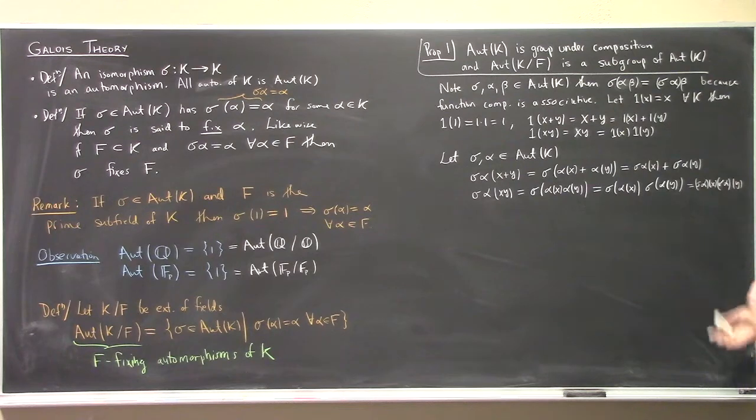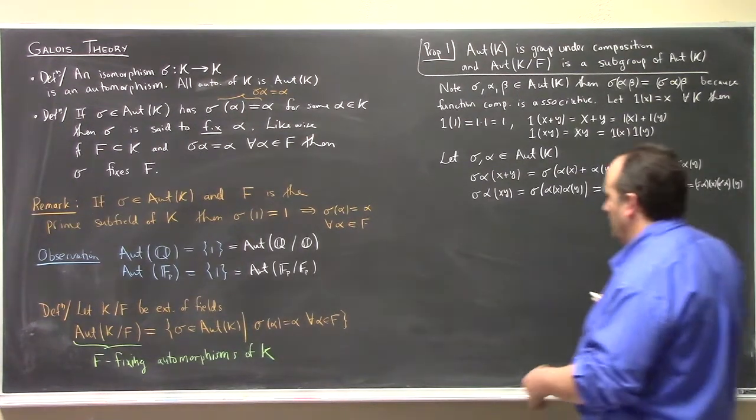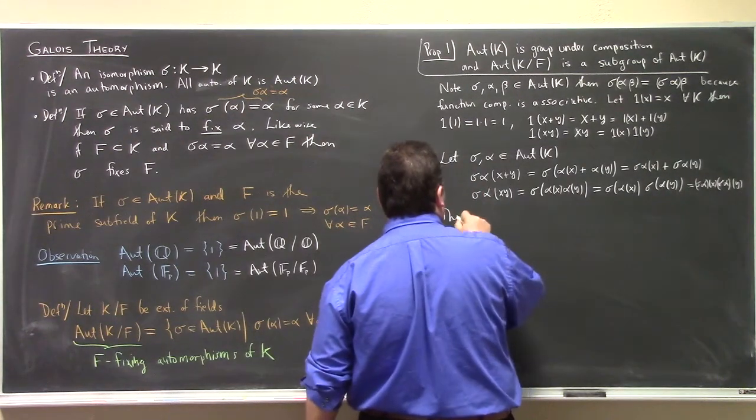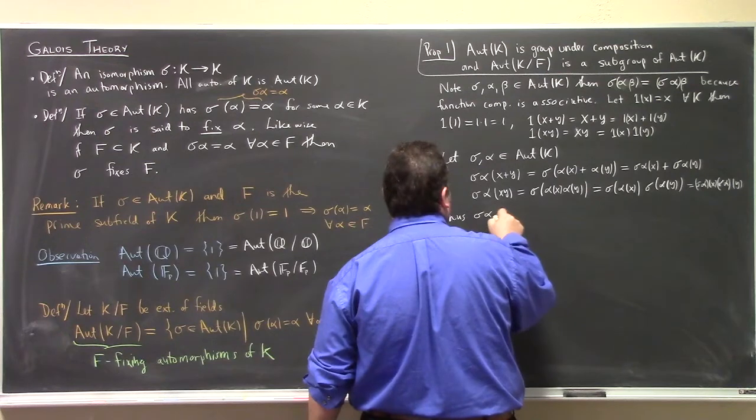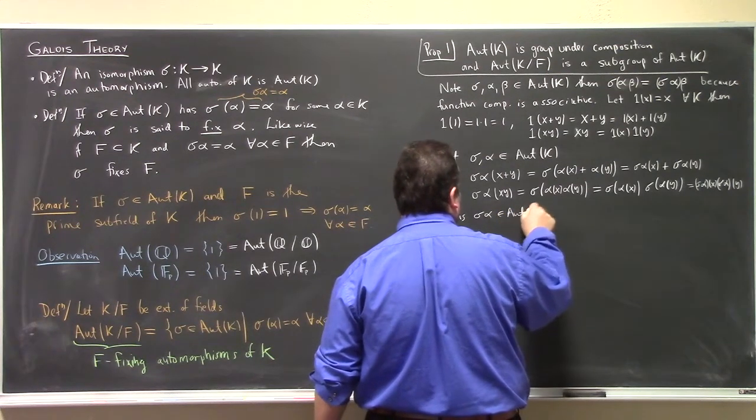Anyway, so we have multiplicativity of the map. It preserves multiplication, it preserves addition, and of course, the fact that both of these send one to one is also clear, right? If you'll forgive me for not writing it down. So therefore, sigma alpha is an automorphism, right?